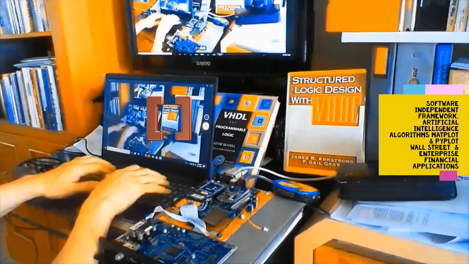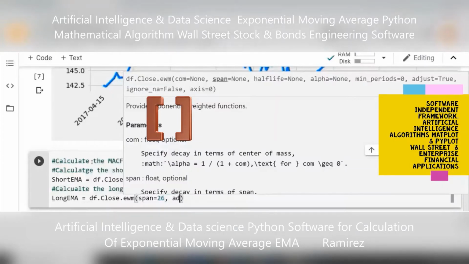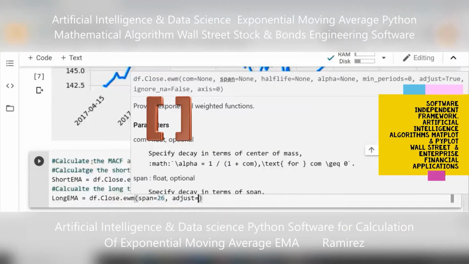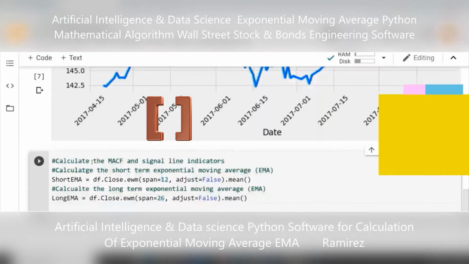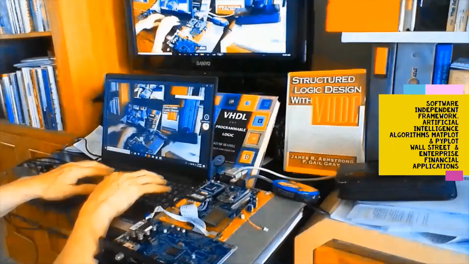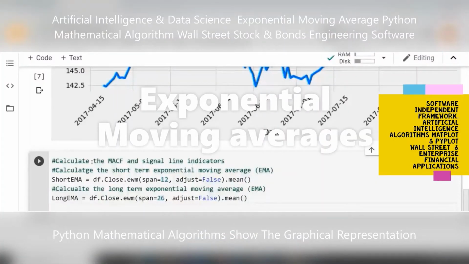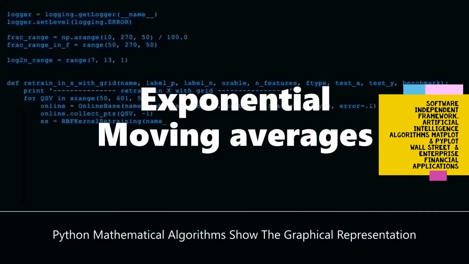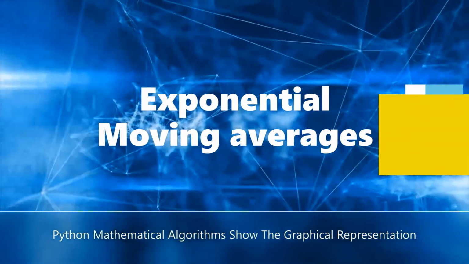It is a technical indicator that uses exponential moving averages to determine the momentum and direction of Wall Street stocks and bond market, indicating when it is okay to purchase or when it is a good time to sell. The algorithm is based and written in Python, solving mathematical calculations of these averages.